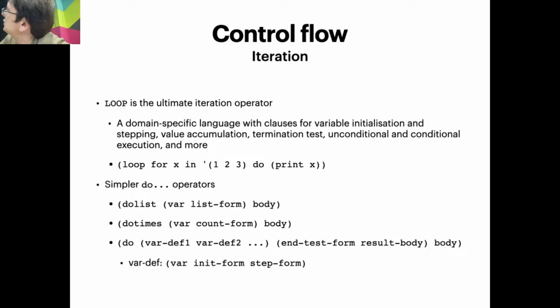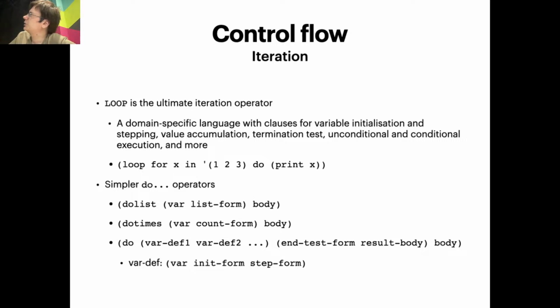It can have clauses for variable initialization and stepping and value accumulation, termination test. So it can terminate early, unconditional and conditional execution, and other things. So it's a fairly big chunk of the specification, really.